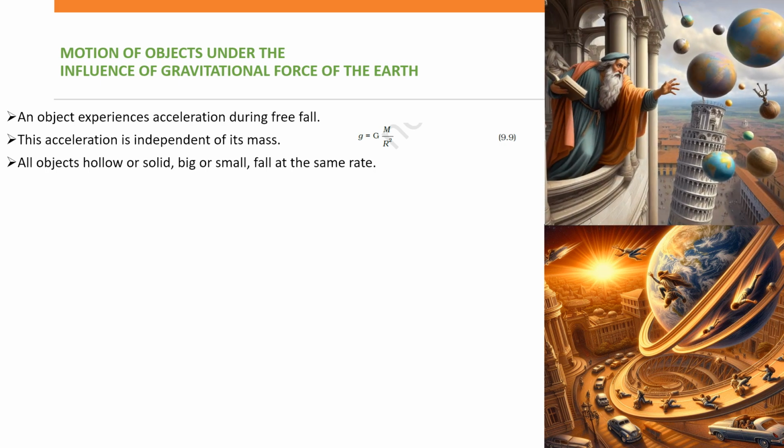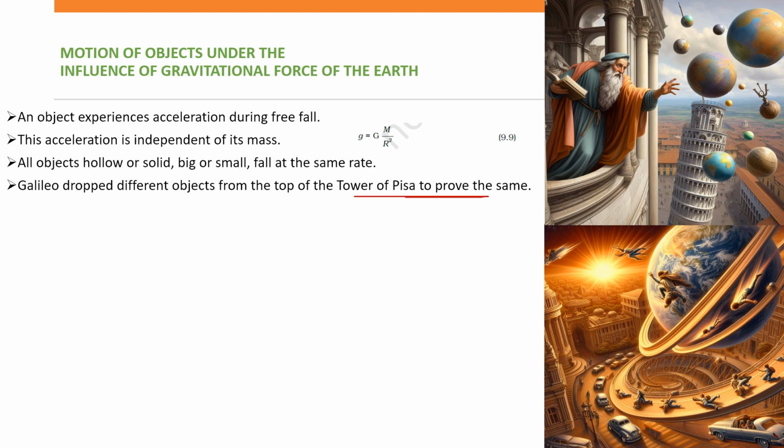I think you know about Galileo, right? There is a story that Galileo dropped different objects. I'm showing you a picture, but imagine some bars with you. Galileo dropped different objects from the top of the Tower of Pisa in Italy, the leaning tower.